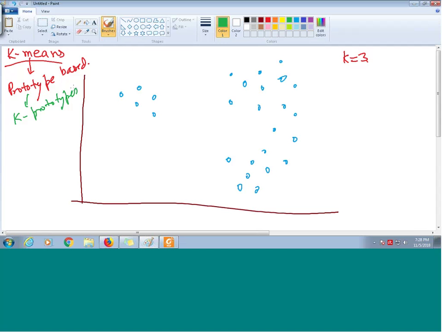Let's say I randomly pick this particular location, and randomly pick another location. Can you give me another location? Say I found this location, because there is so much space. All right, these are the K prototypes that I have. You understood how I put the prototypes? Everybody understand this? Say yes. If you don't understand, please let me know.